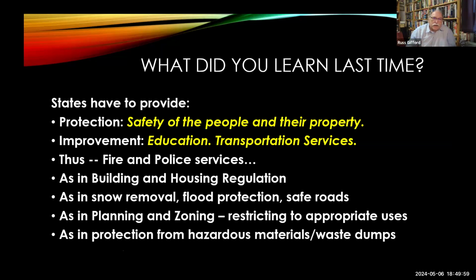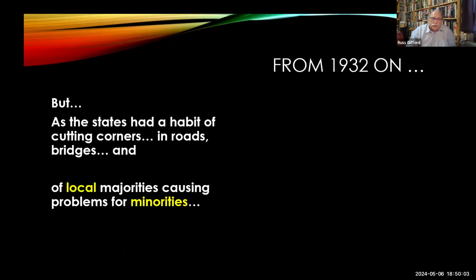And if you think about it, I'm sure you're all saying, well, gee, all those things you mentioned, Russ, are things that we hear the federal government doing. The water, worrying about safe water, worrying about runoffs, things like that. Why is that?